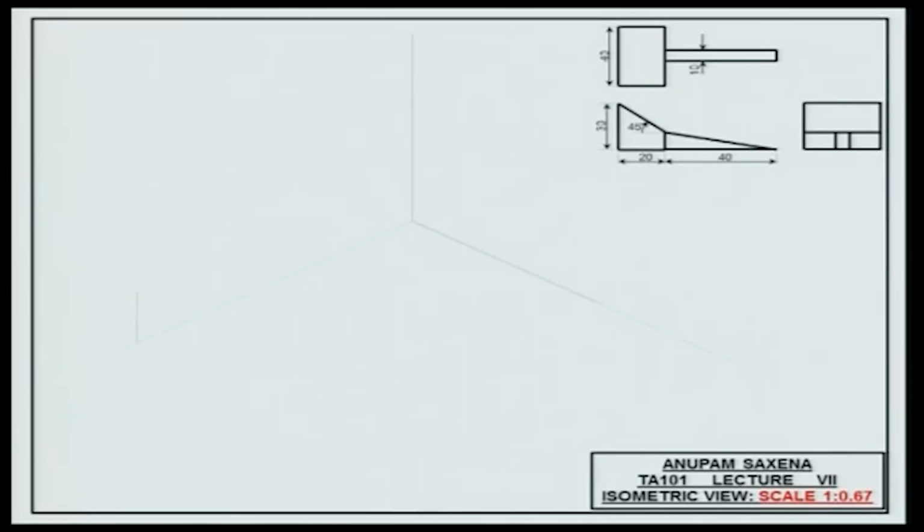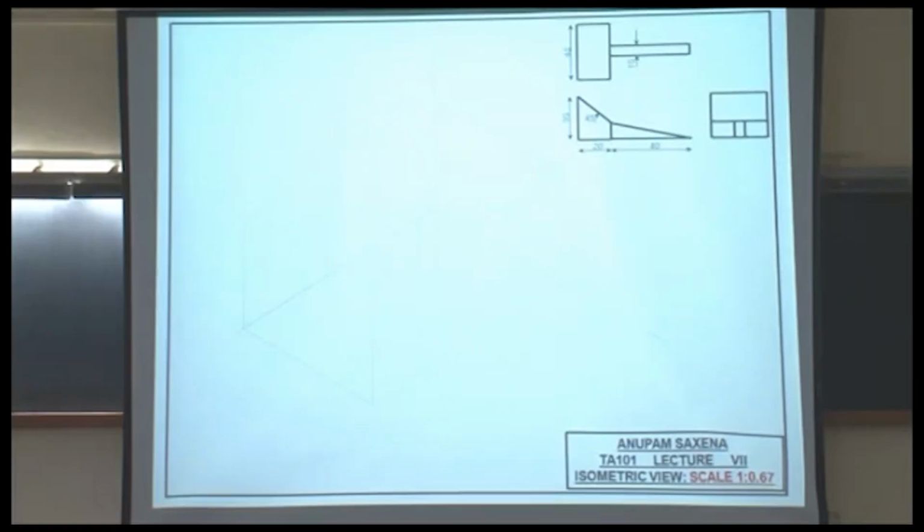So the trick in drawing isometric views is to identify 3 different planes distinctly and work on these planes. From now on, I'll not utter a word. I'll just have you see what's going on.